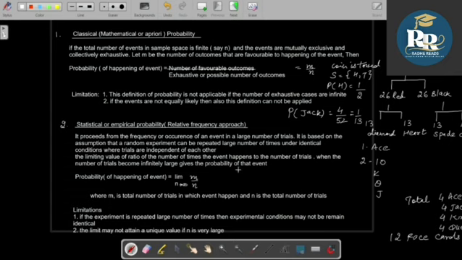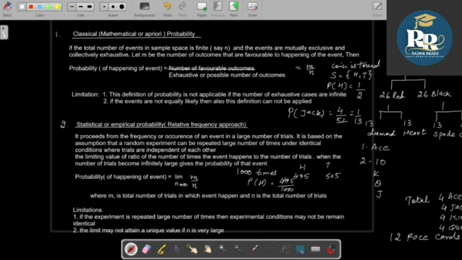That means if I repeat the experiment a large number of times, for example, if I toss a coin 1,000 times and every time I note head and tail. After 1,000 tosses, I notice that head appears 495 times and tail appears 505 times.